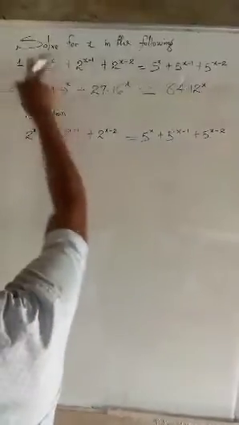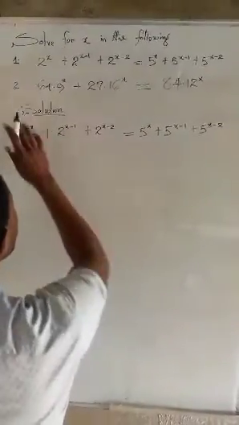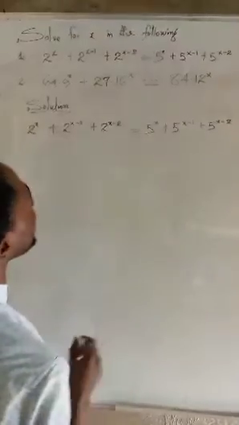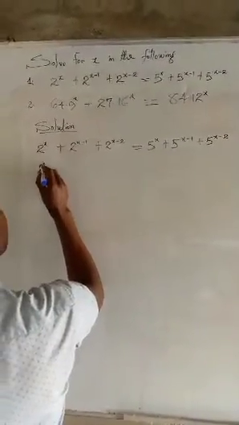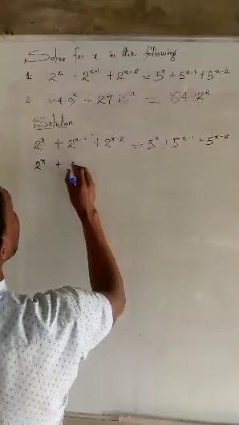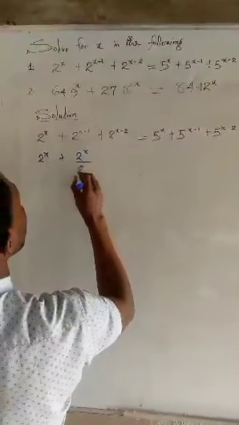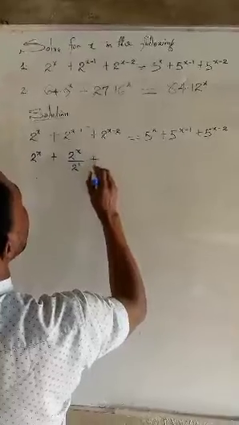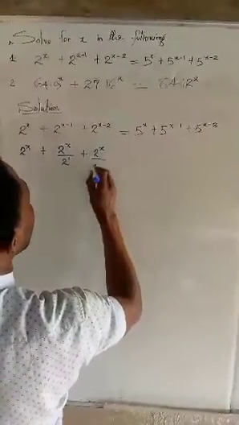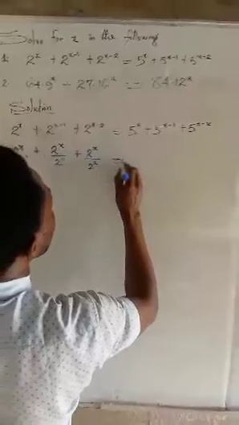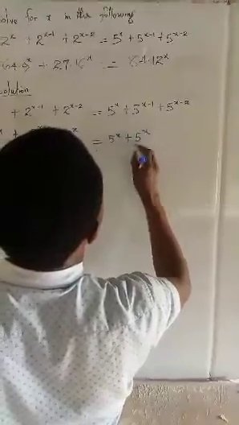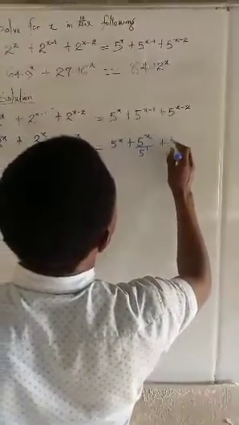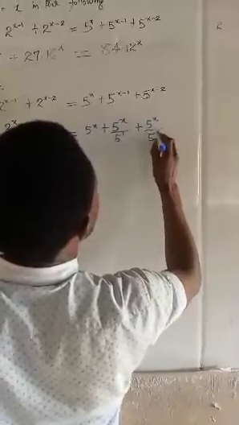So this afternoon, we want to solve these two equations. And you can see that these are indices questions. Now, you can write this as 2 raised to power x plus 2 raised to power x all over 2 raised to power 1 plus 2 raised to power x all over 2 raised to power 2 equals 5 raised to power x plus 5 raised to power x all over 5 raised to power 1 plus 5 raised to power x all over 5 raised to power 2.